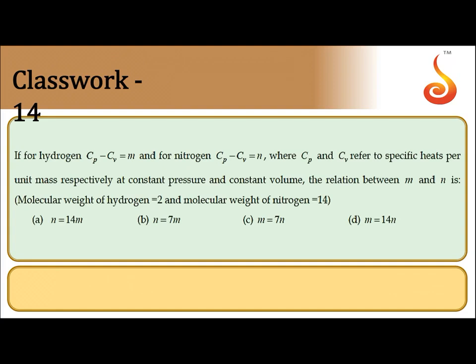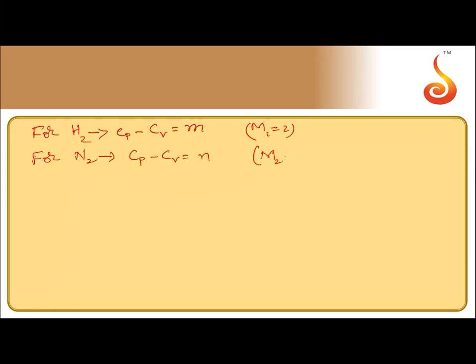So for hydrogen, Cp minus Cv is equal to m, molecular weight is 2, let us call it m1. For nitrogen, Cp minus Cv is equal to n, molecular weight of this is 14.